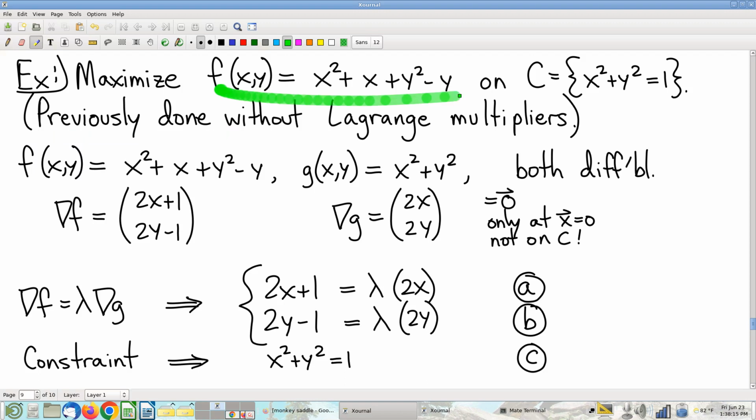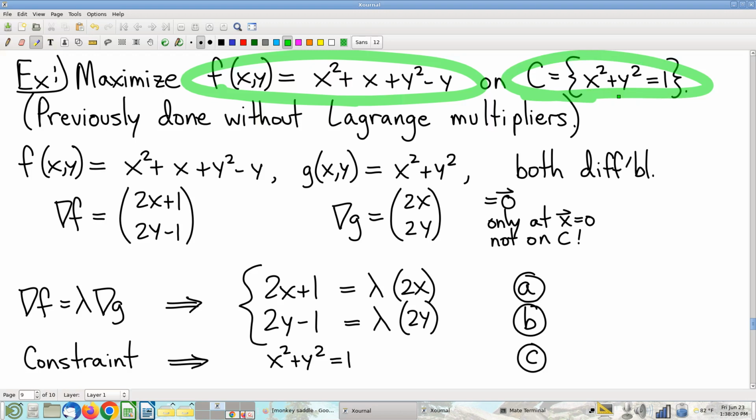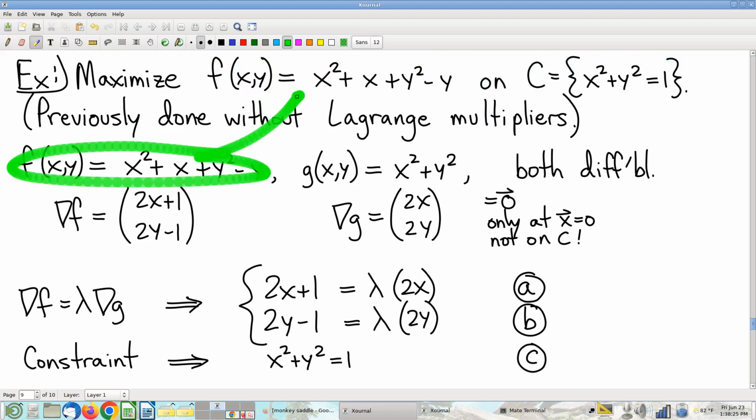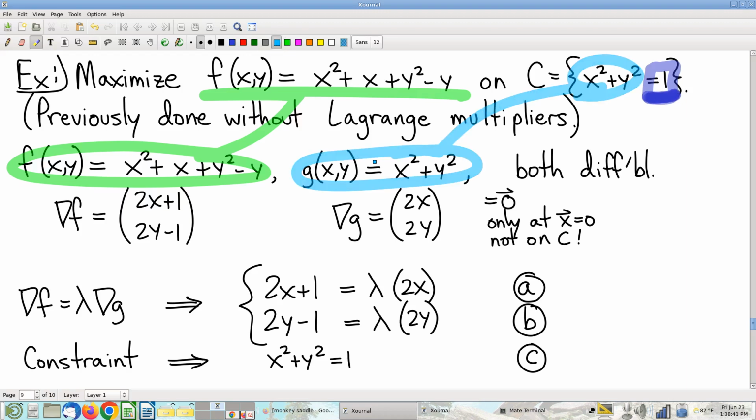We want to maximize this function on this constraint set, which means I have my objective function and the function whose level set I'm looking at, and it's very important that this is a level set. This is my constraint function. Yeah? Okay. So, there's my functions.